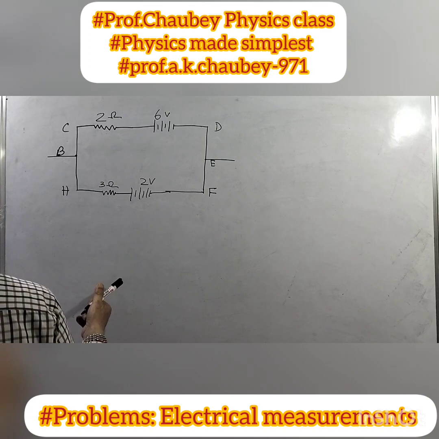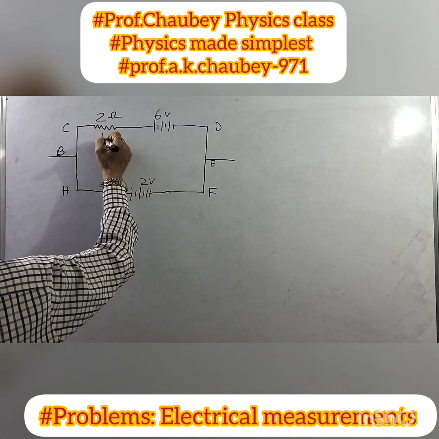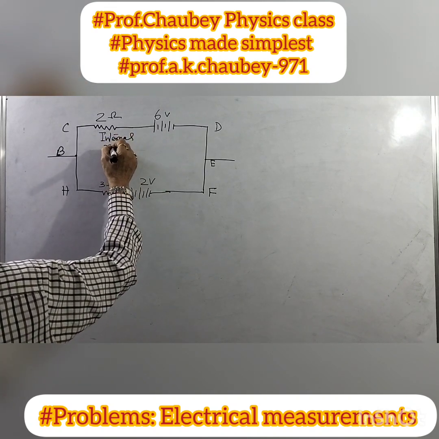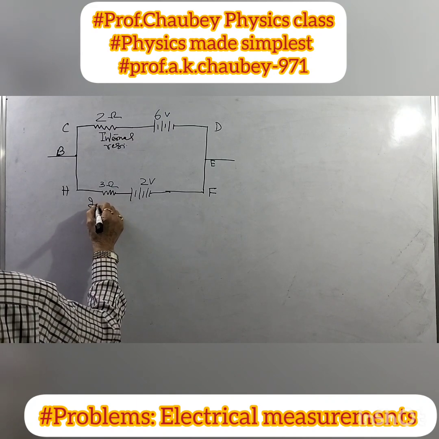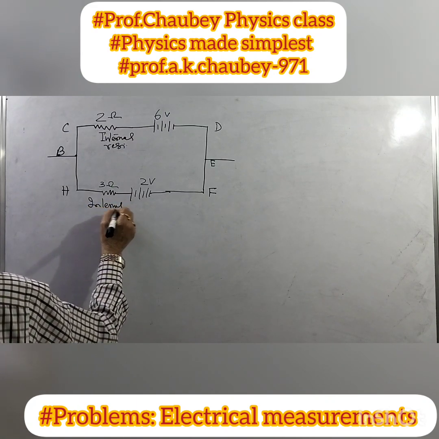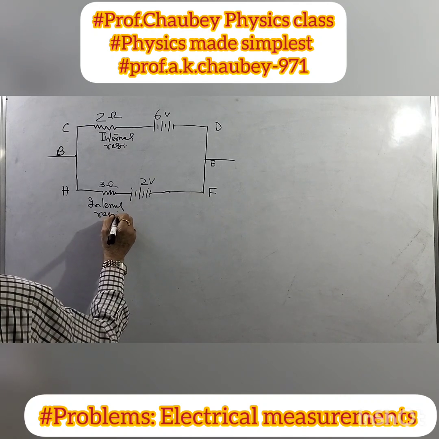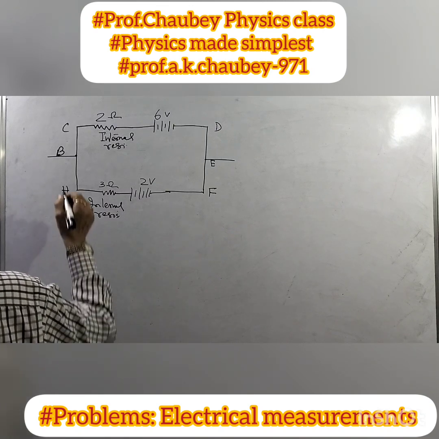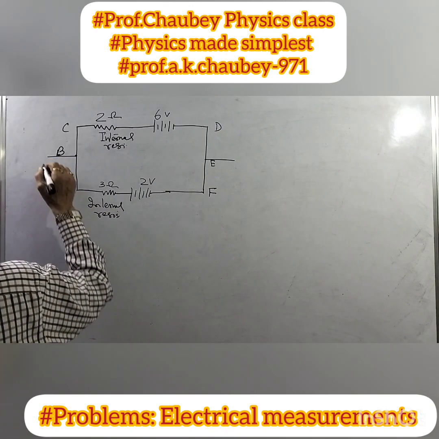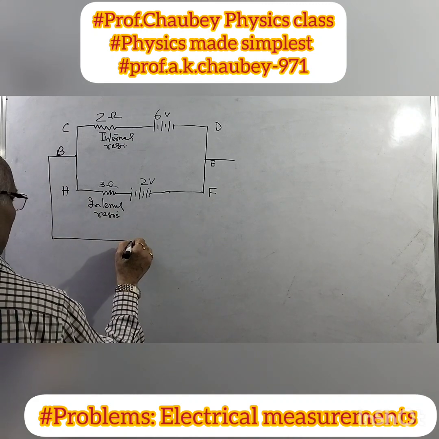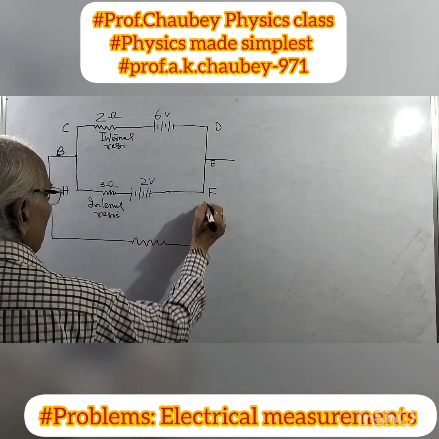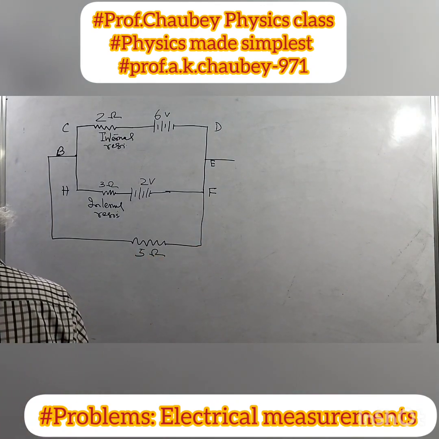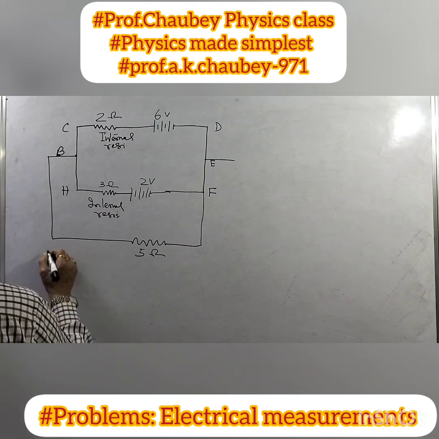These are the internal resistances of the batteries. The two batteries are connected like this, and this point is connected across a resistance of 5 ohm, between points A and G.